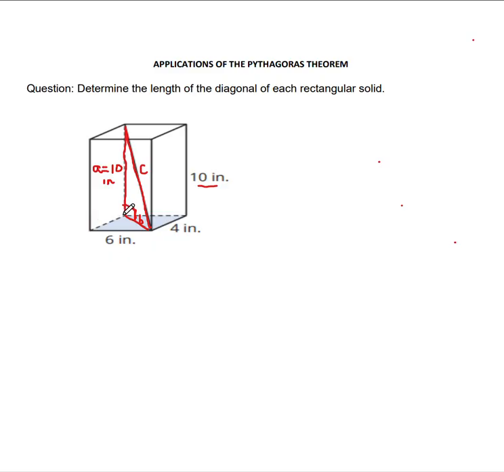So let us focus on the base of this rectangular solid. What we realized about the base of this rectangular solid is that B actually forms a diagonal, and the diagonal B divides this rectangular base of this rectangular solid into two equal halves, and the two equal halves are actually two right triangles with the same dimensions.